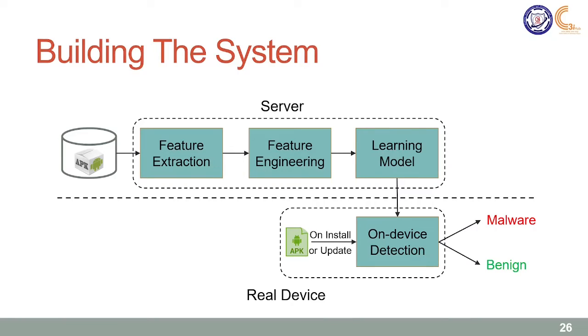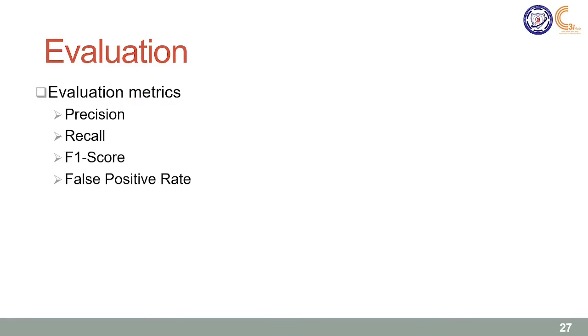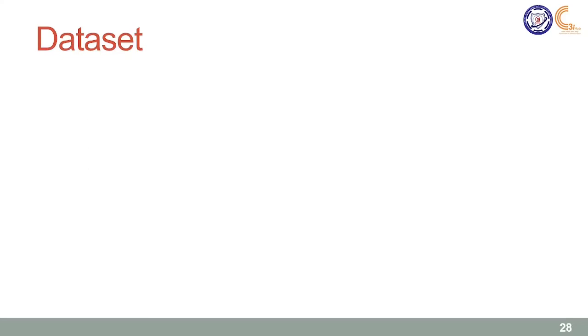Now we look at its performance. To measure the performance of DeepDetect, we use the following metrics. To measure runtime performance, we observe execution time and device energy consumption. For evaluation, we require a dataset with ground truth values. Hence, we collect multiple datasets.